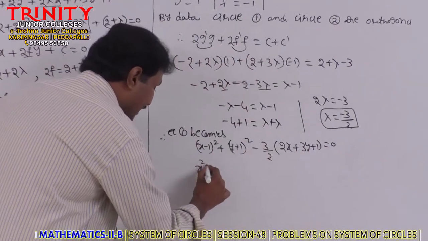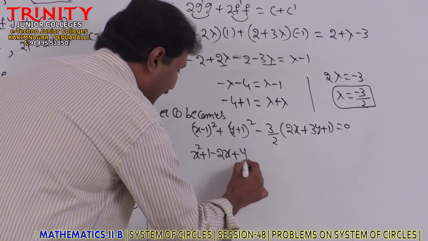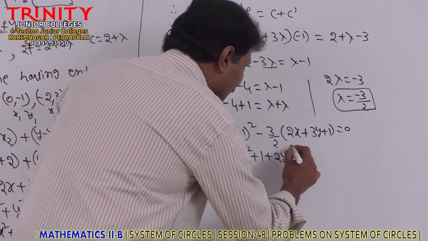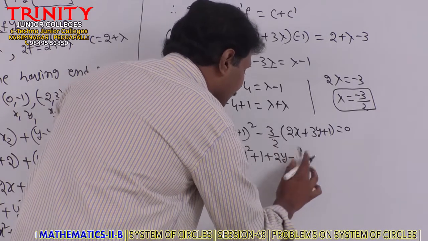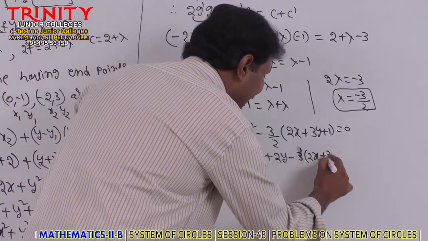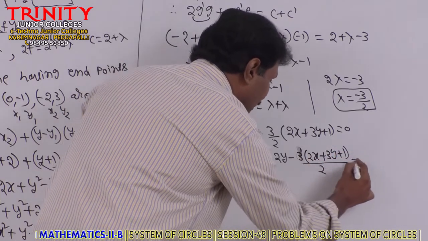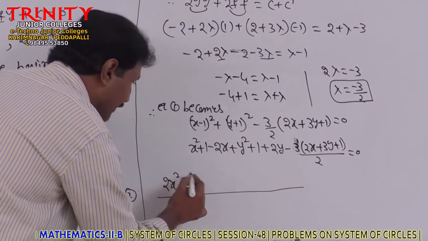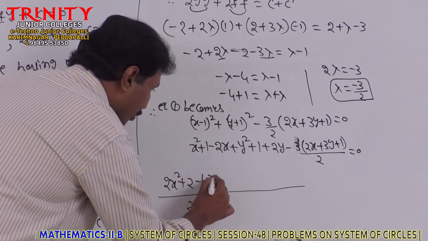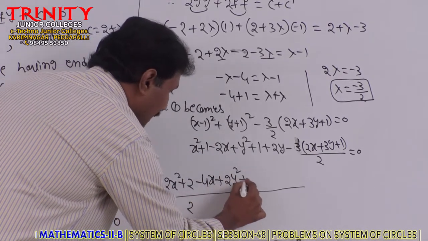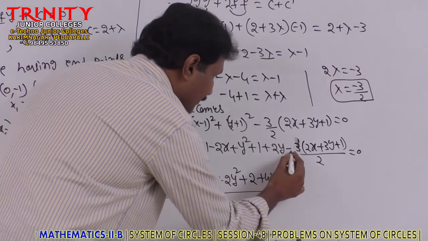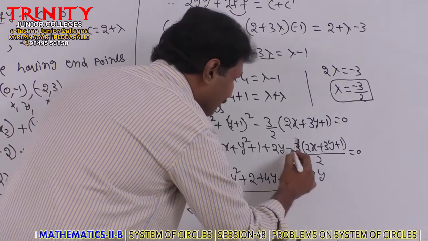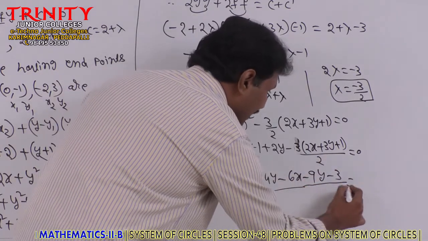Simplify: x squared plus 1 minus 2x plus y squared plus 1 plus 2y minus 3 into (2x + 3y + 1) divided by 2 equals 0. Take LCM 2: 2x squared plus 2 minus 4x plus 2y squared plus 2 plus 4y minus 3 times (2x + 3y + 1), that is 6x minus 9y minus 3, equals 0.